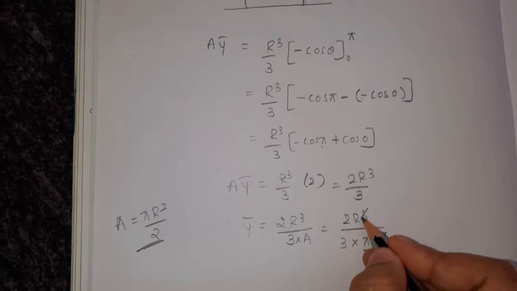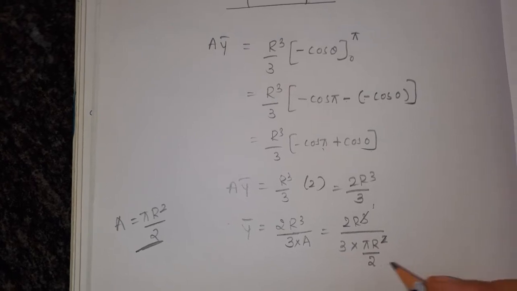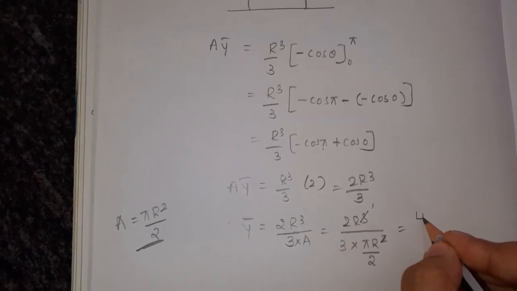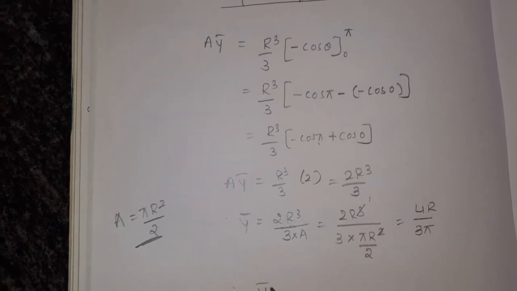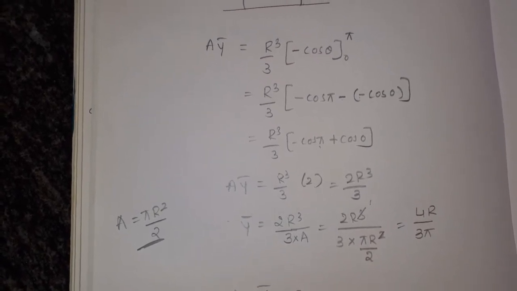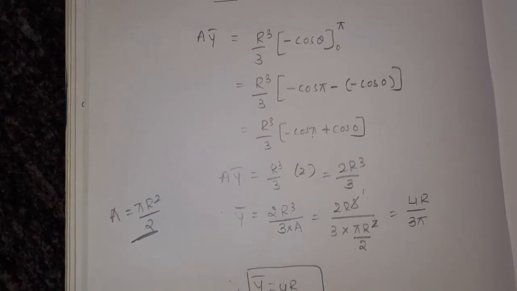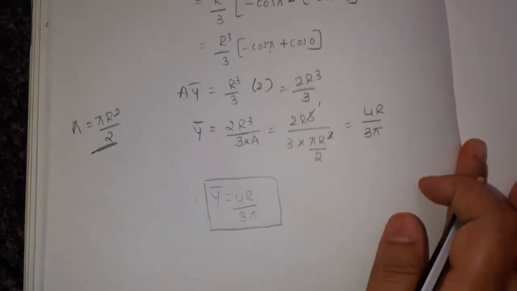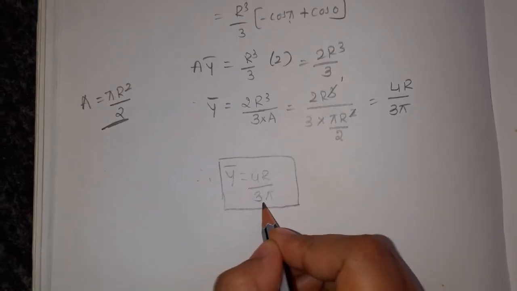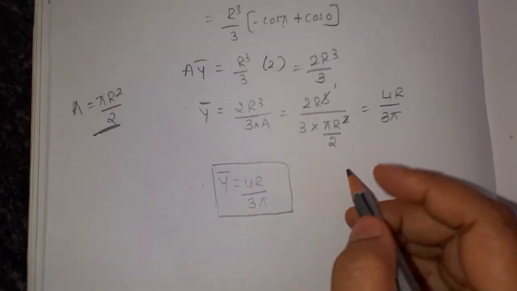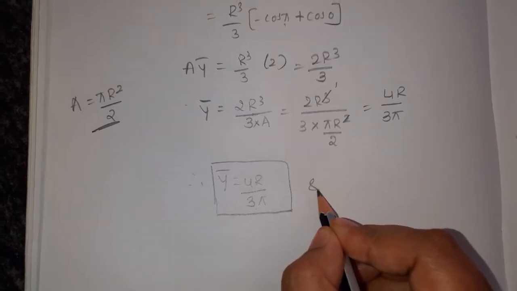Here r square cancels, remaining is r. The 2 comes to the numerator, giving 4r by 3 pi. Therefore y bar is equal to 4r by 3 pi, the distance of CG from the x-axis of a semicircle. This is the centroidal distance from the x-axis of a semicircle.